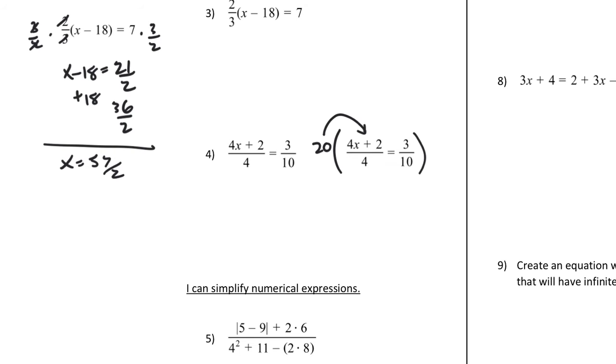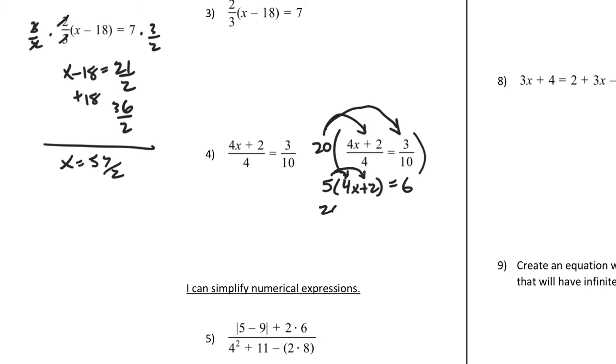So I'd multiply here. 4 goes into 20 5 times, and 5 times this, I'll just write it as 5 times 4x plus 2. And then 20 times that, well, 10 goes into 20 2 times, and 2 times 3 is 6. So that equals 6.